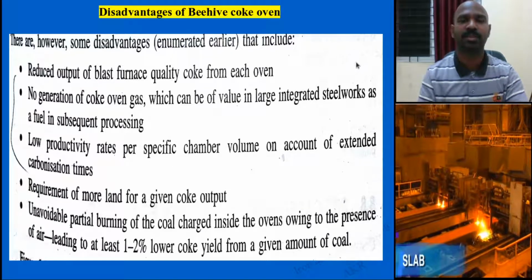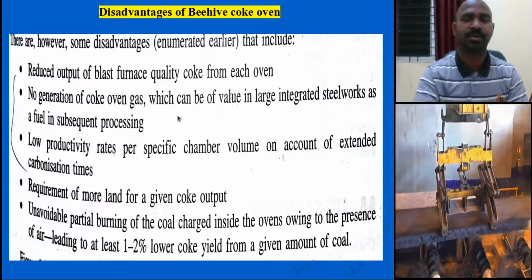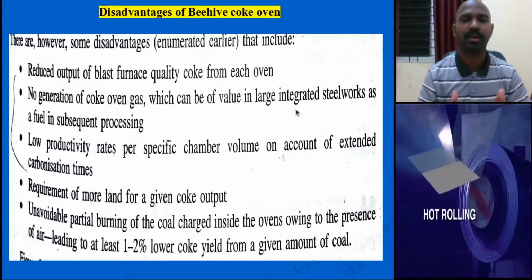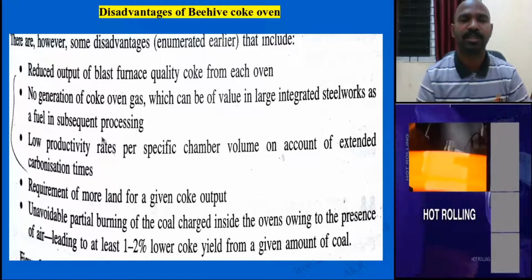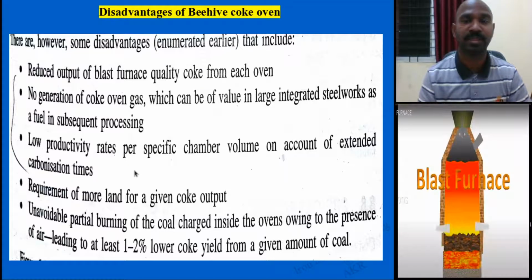In recoverable coke oven batteries, the coke oven gases which are produced are largely utilized as a fuel in the subsequent processes of steel works in the integrated steel plant.